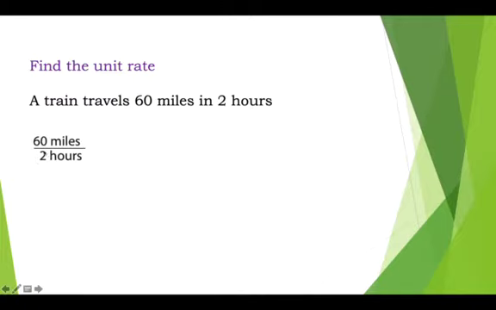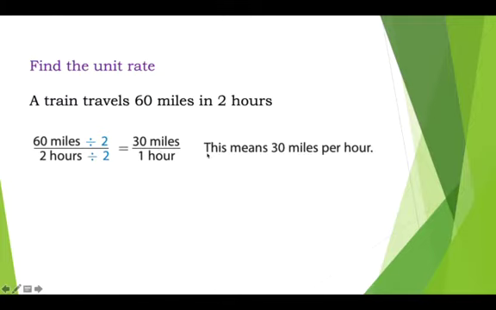Now you need to make the denominator 1, which means you divide the denominator by 2. So divide by 2, divide by 2, which will be equal to 30 over 1. Now the second quantity is 1, which means you got the unit rate. How will you write the final answer? It means 30 miles per hour.